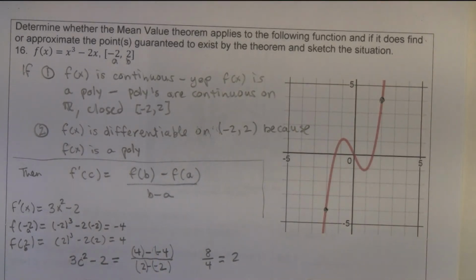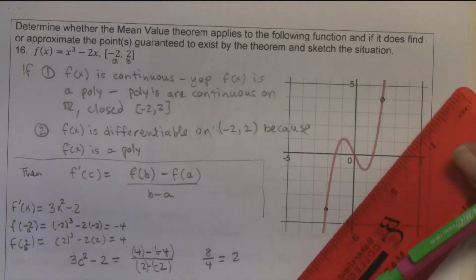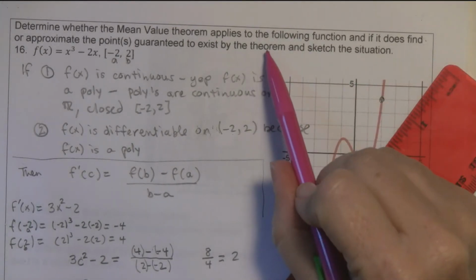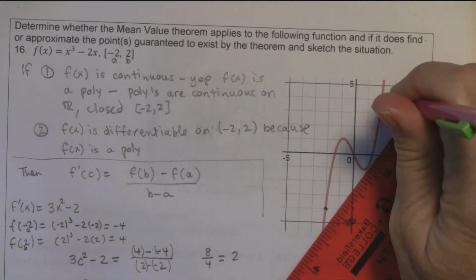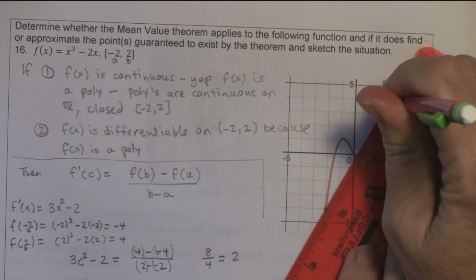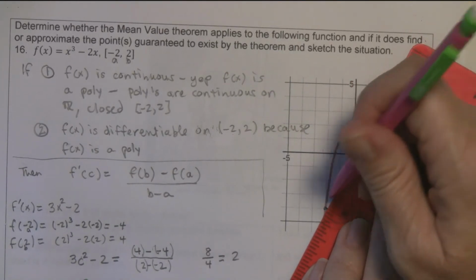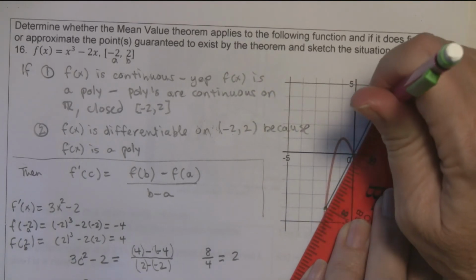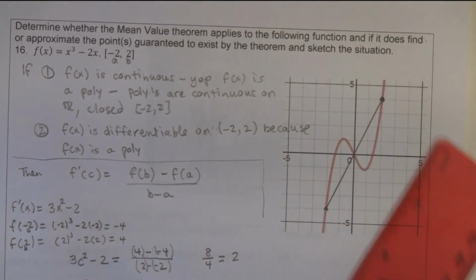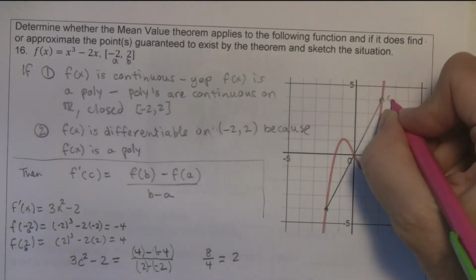And right there is the secant line. Oh, it did ask me to sketch it. I said it didn't ask me to sketch it, but it did, so I'm going to. So there is the secant line.